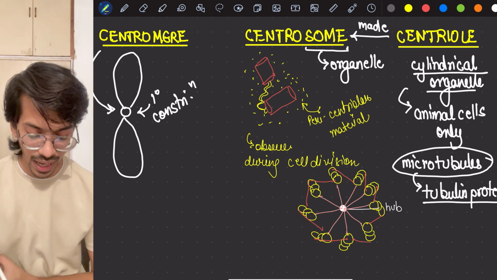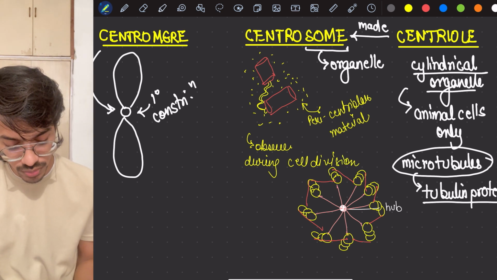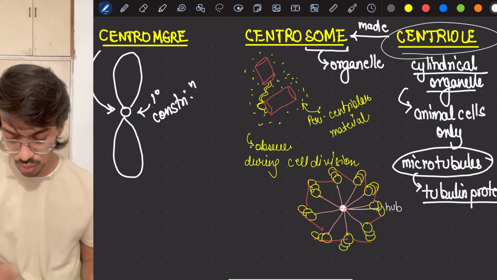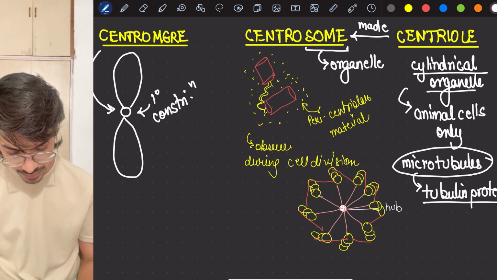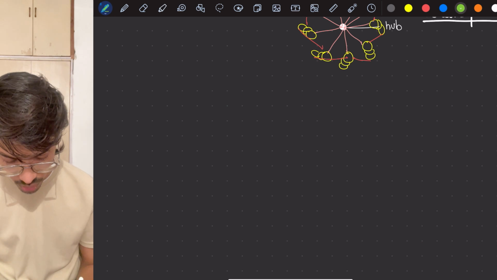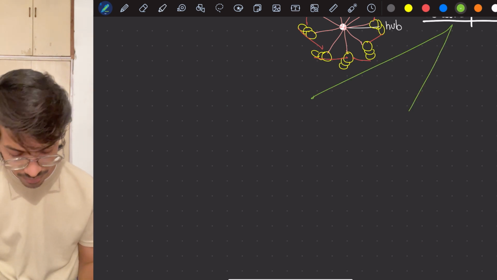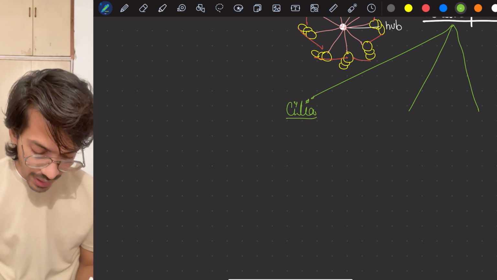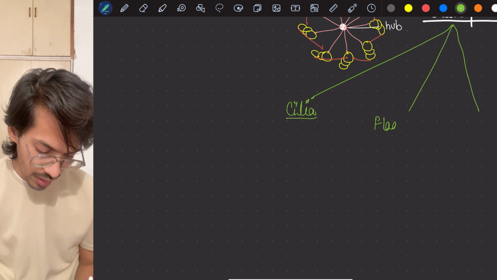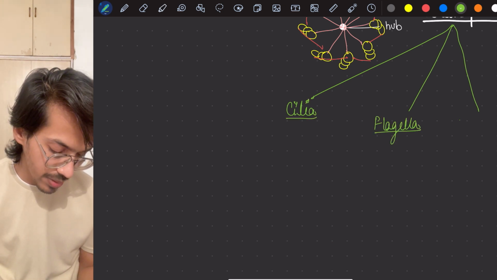Now, one more thing: what does this centriole do? This centriole helps in the formation of what? I'm making it over here, this centriole has 3 functions. It will make cilia, it will make flagella, it will make spindle fibers.